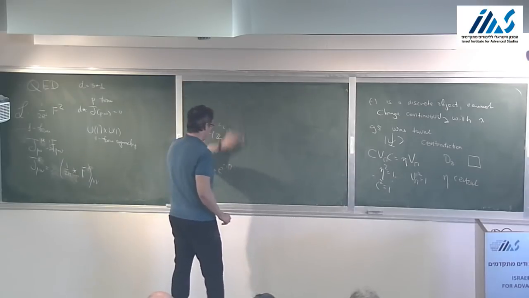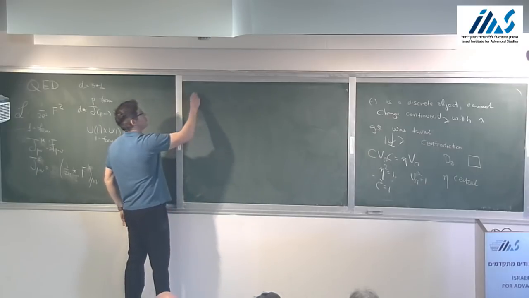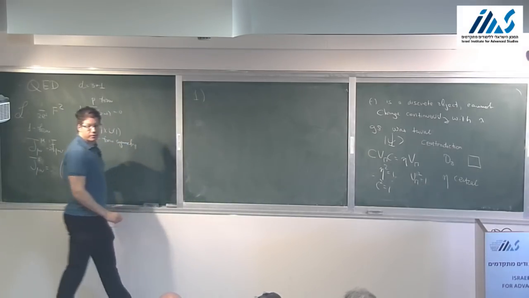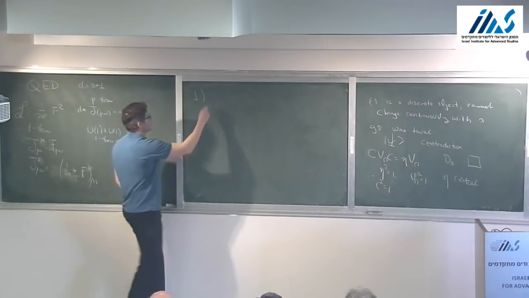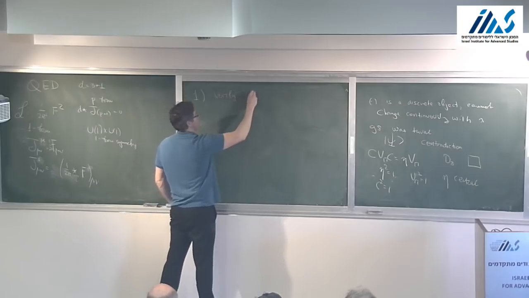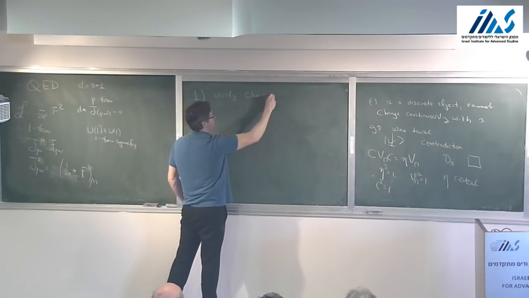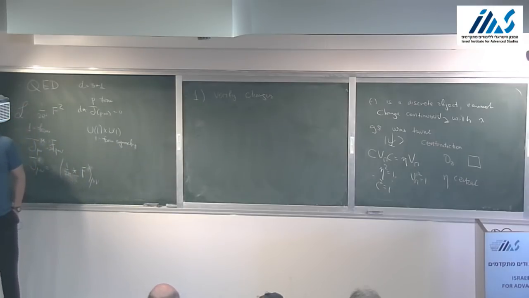So what is the physical interpretation of those symmetries? First of all, observation number 1, which is easy, it's an exercise, is that you can verify that the corresponding charges, you can construct some charges out of those currents in the way that we've explained before, by integrating them over surfaces.